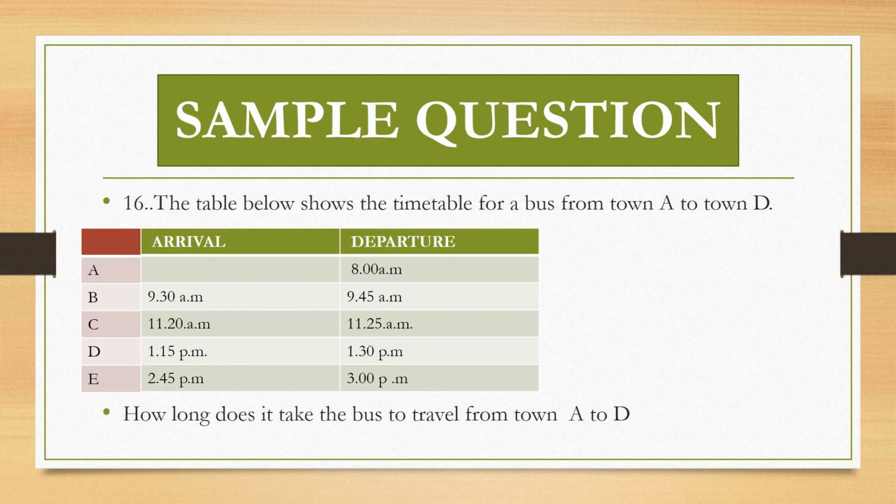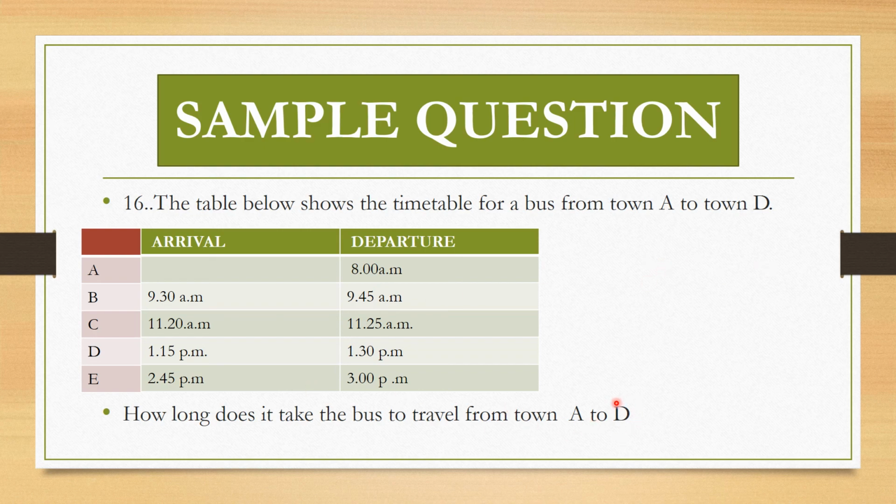The table below shows the timetable for a bus from town A to town D. Then you have arrival and departure time. The question is, how long does it take the bus to travel from town A to town D? Very easy. Remember, in class 6 we said that duration is equal to arrival time minus departure time.